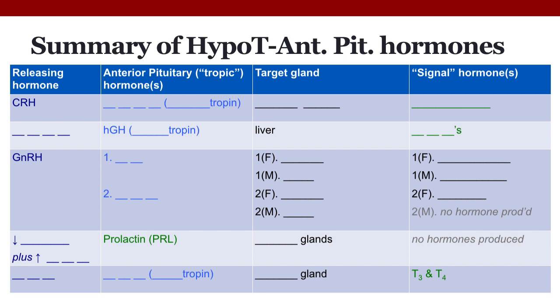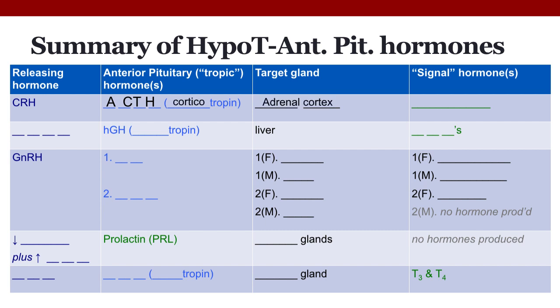So the hypothalamus controls the production of hormones in the anterior lobe of the pituitary gland. We're going to go through this chart, which summarizes the tropic hormones released by the anterior pituitary. Starting on the upper left, CRH, or corticotropin releasing hormone, stimulates the release of ACTH, adrenocorticotropic hormone, aka corticotropin.